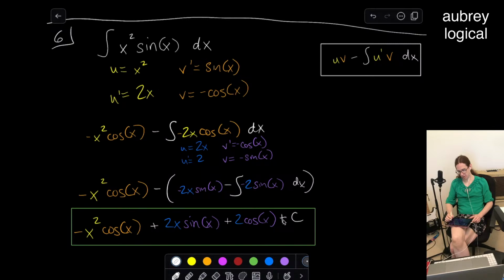Just trying to figure out, I get why that becomes a plus. Okay, so we have this inside of our antiderivative. So to integrate, the antiderivative of negative 2 sine becomes positive 2 cosine. But then it should be minus positive 2 cosine, or so I would have thought.